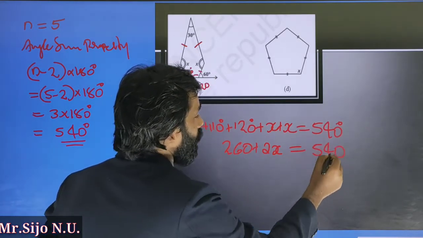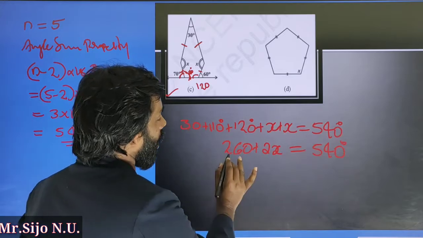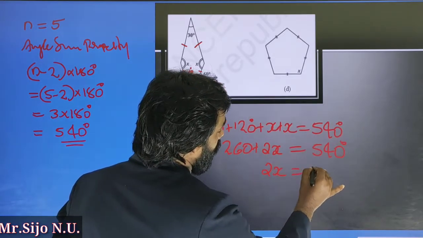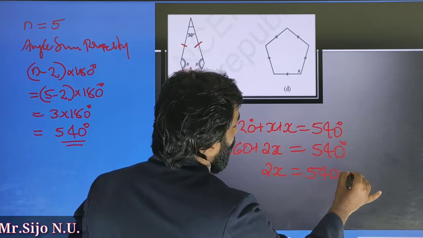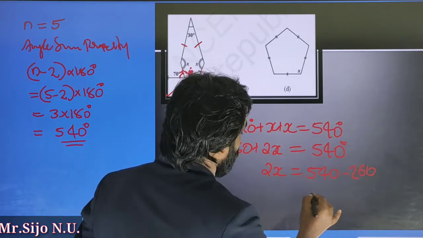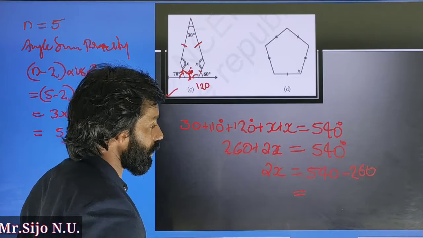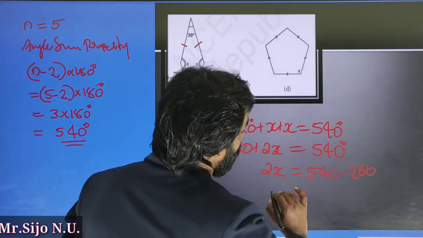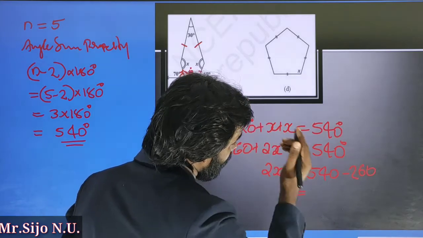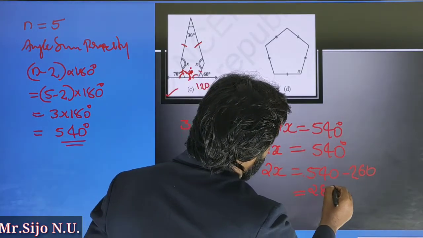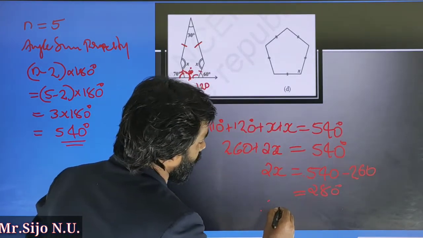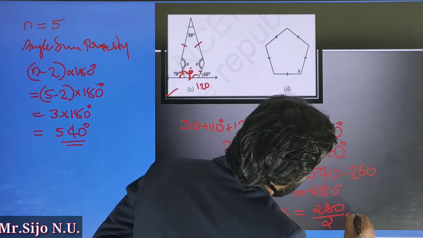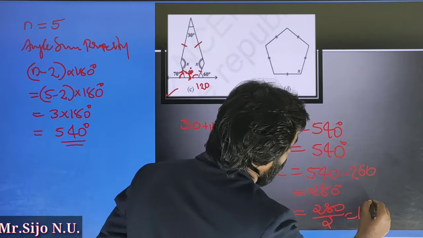Well, now we can take this number to that side. So 2x equal to 540 minus 260. That is 280, right? So x equal to 280 divided by 2, that is 140 we are getting.